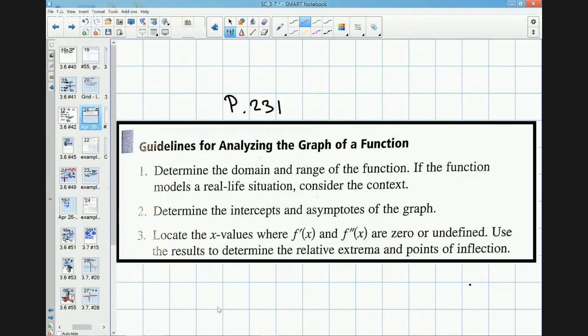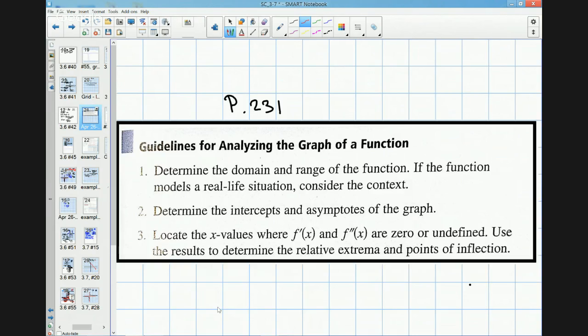It's on page 231, right on the first page of the lesson. Guidelines, whenever you're asked to analyze a graph, here is the list you should always deal with. Number 1, look at the domain and range. Is there anything x can't be? Is there anything y can't be?